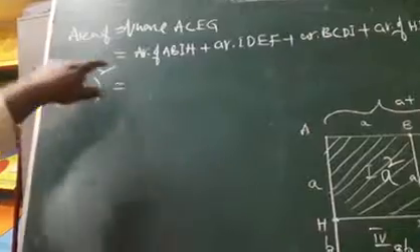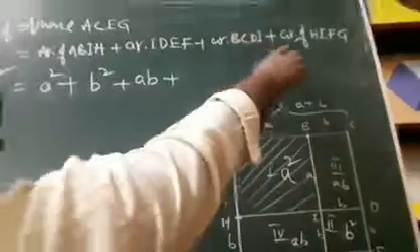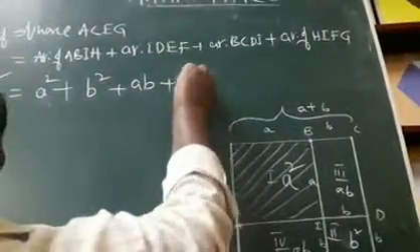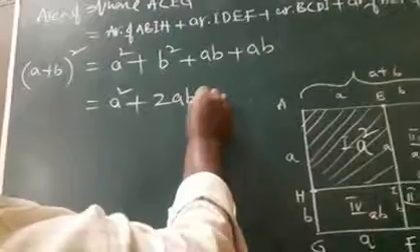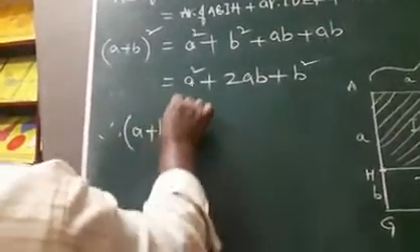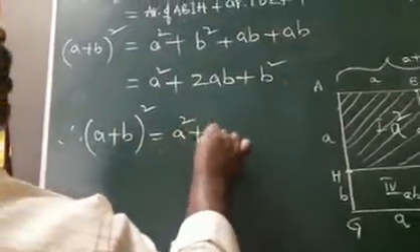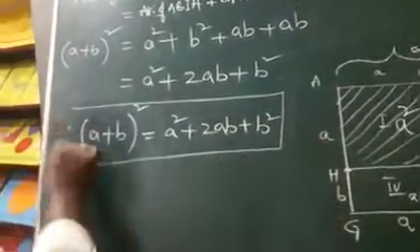This is equal to A square plus B square, and this area is AB, plus this area of HIFG is AB. See children, A square plus, how many ABs are there? 2 ABs are there. Therefore plus B square. Therefore A plus B whole square is equal to A square plus 2AB plus B square. Okay. Hence it is proved.